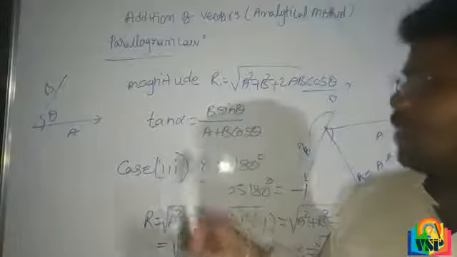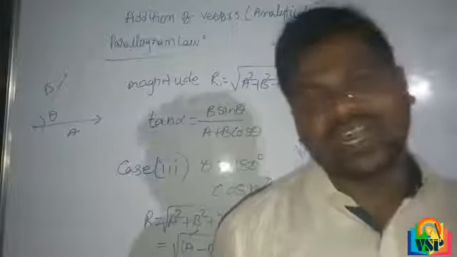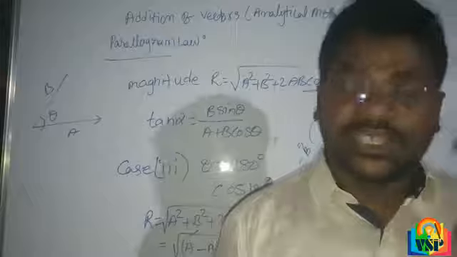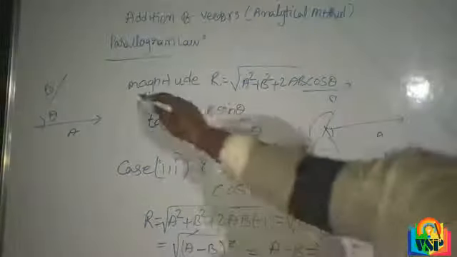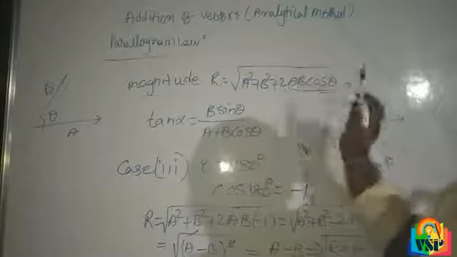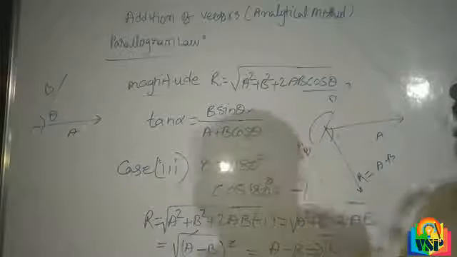If you can't understand, practice. At least remember these formulas: magnitude R is equal to root of a square plus b square plus 2ab cos theta, and tan alpha is equal to b sin theta by a plus b cos theta.